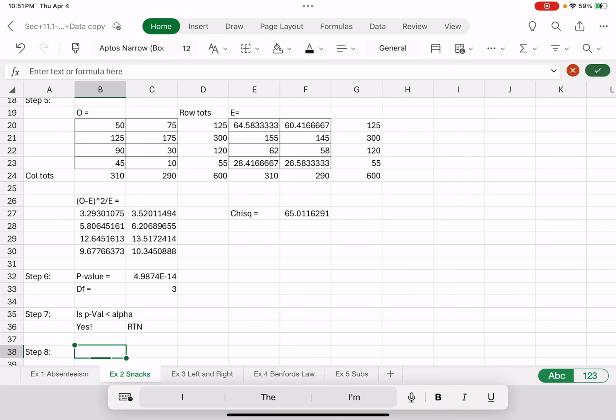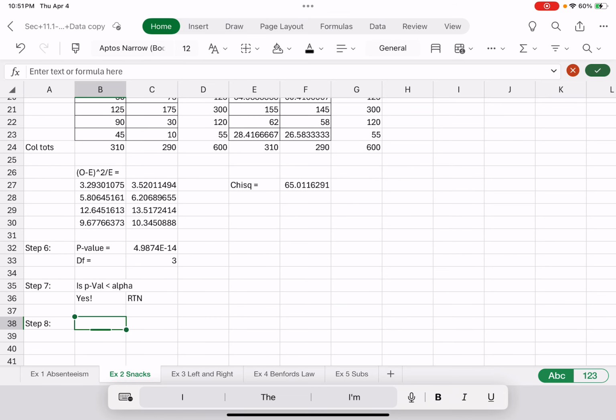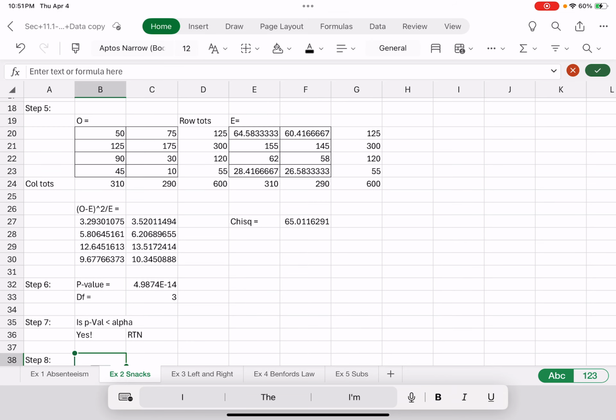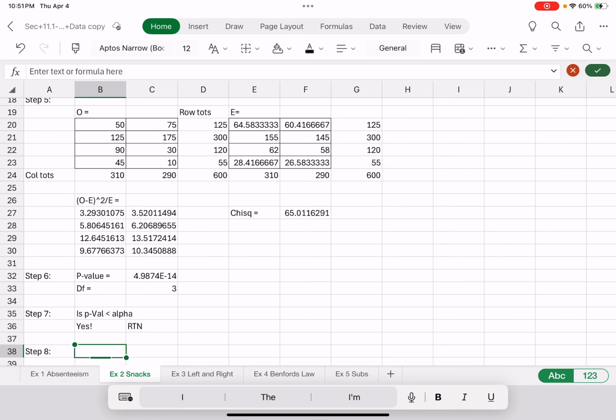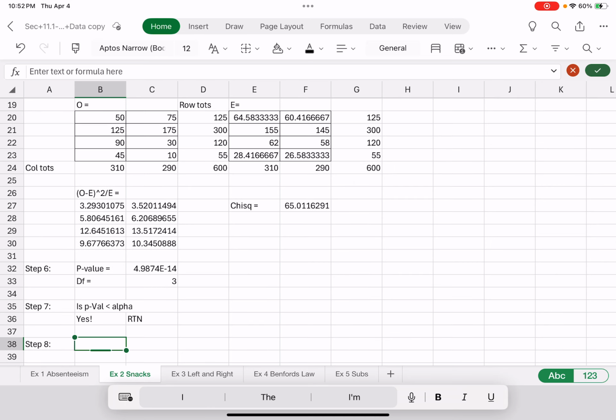So what we see here is that there is certainly some dependence going on here. It doesn't give us any insight as to what that dependence may be, but to say that they're independent is a statistical absurdity. It's with probability 4.9 times 10 to the negative 14th.